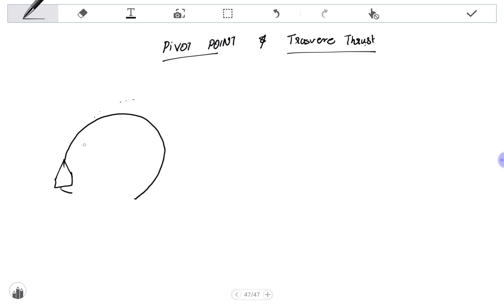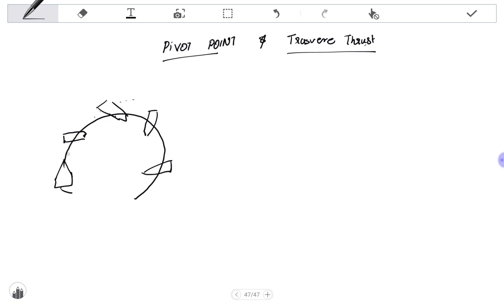Okay. So during the turning, the ship's direction sometimes like this. The head of the ship will be inner, towards inside the circle, and the stern will be outside.